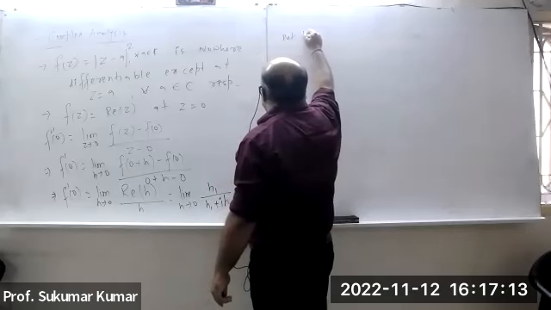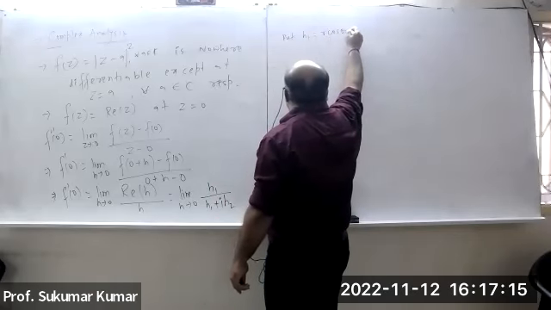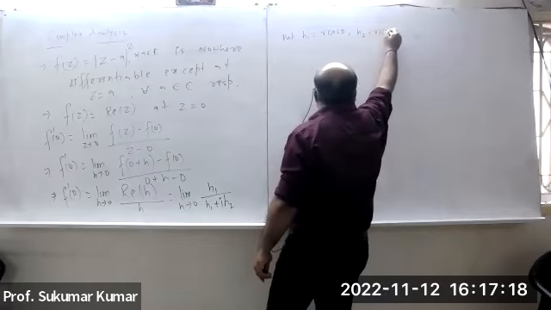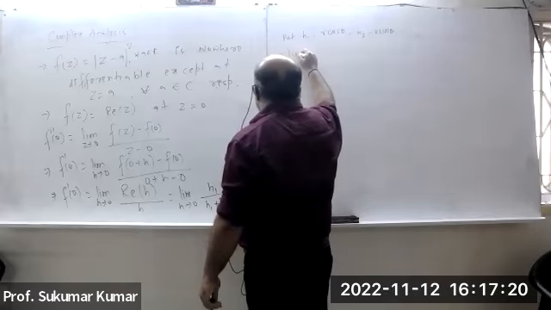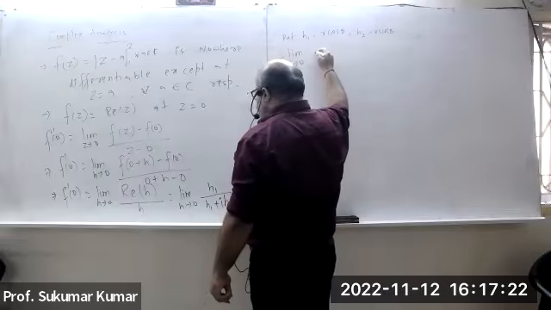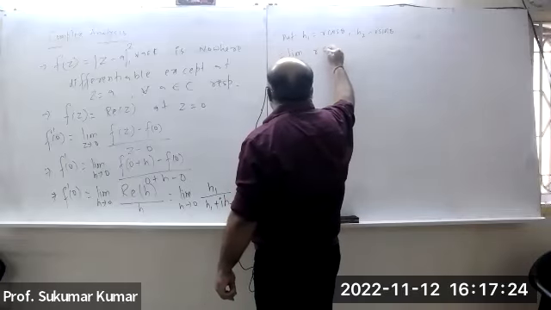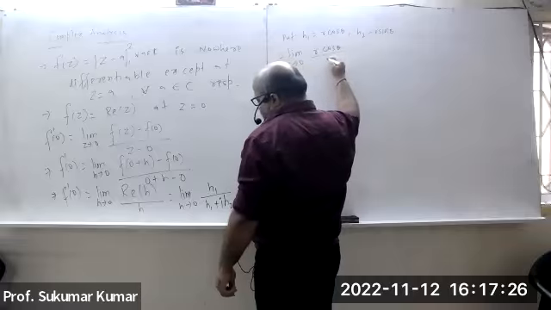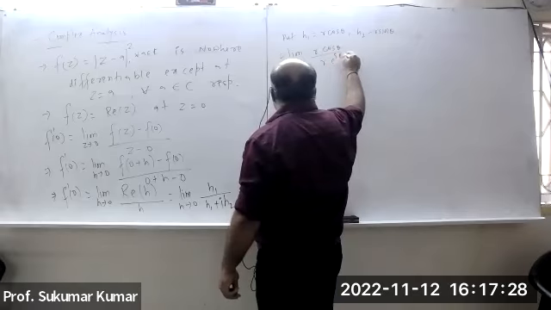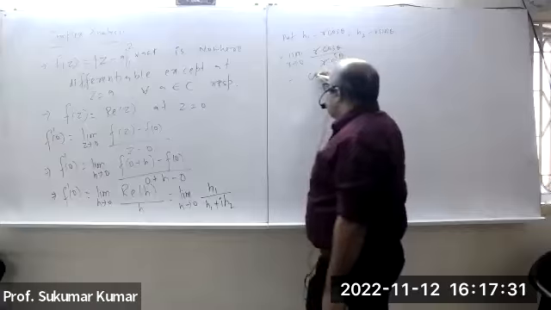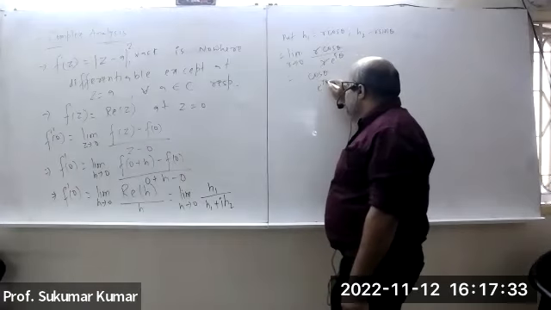Put h1 as r cos theta, h2 as r sin theta. Finally limit r tends to 0, r cos theta by r e power i theta will happen. So you see cos theta by e power i theta is coming.